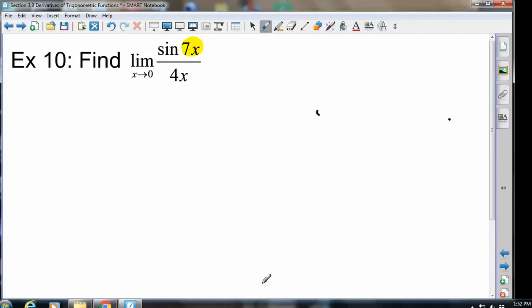Or we could realize as x approaches 0, 7x is turning into 0, right? So if I could get this to be sine of 7x over 7x, then I could evaluate that. Would you guys agree? So I need to get a 7 on the denominator. But I can't change my problem, so if I'm going to multiply the bottom by 7, I'm going to take the top times 7.